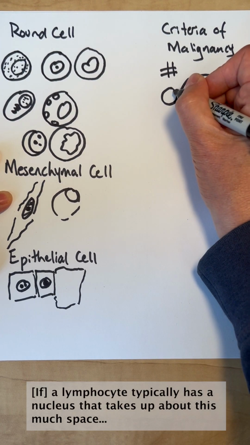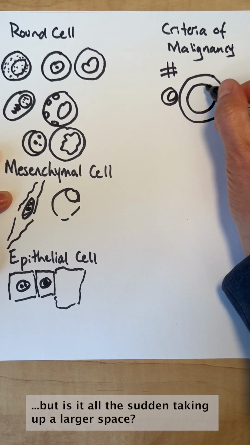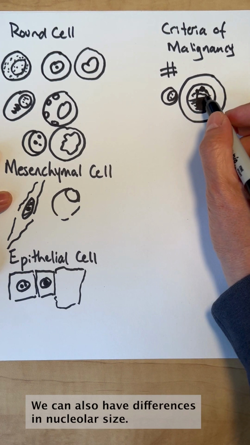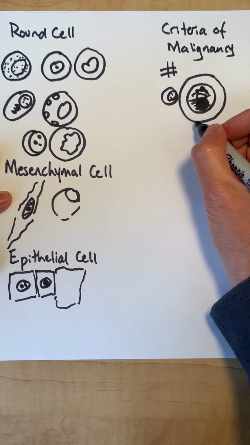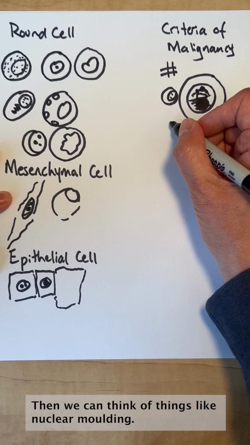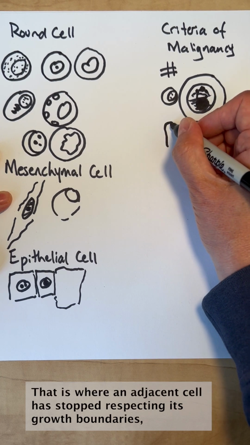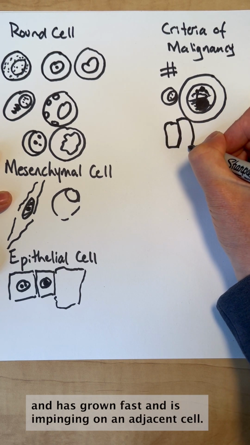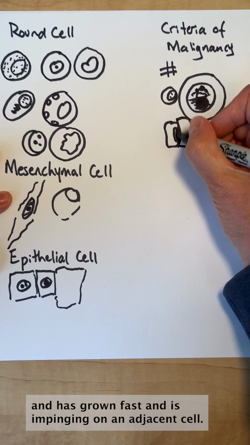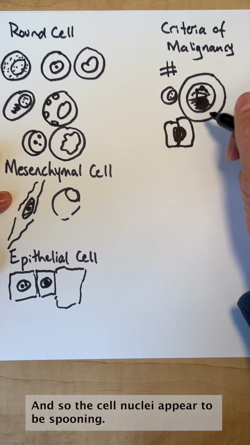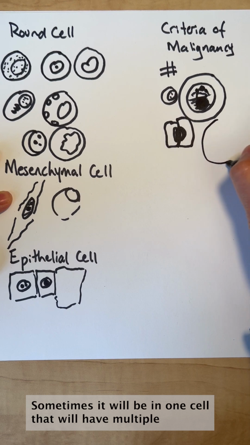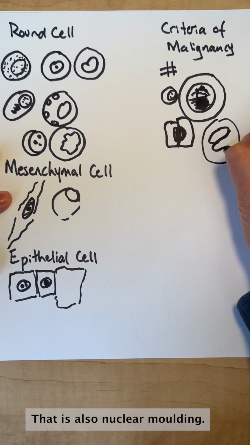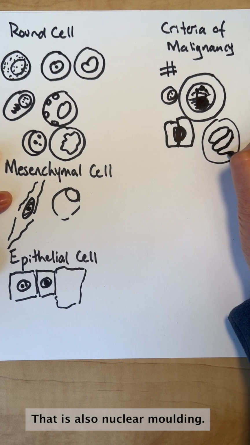A lymphocyte typically has a nucleus that takes up about this much space, but is it all of a sudden taking up a larger space? We can also have differences in nucleolar size. Then we can think of things like nuclear molding. That is where an adjacent cell has stopped respecting its growth boundaries and has grown fast and is impinging on an adjacent cell, and so the cell nuclei appear to be spooning. Sometimes it will be one cell with multiple nuclei that are all mashed up together, and that is also nuclear molding.